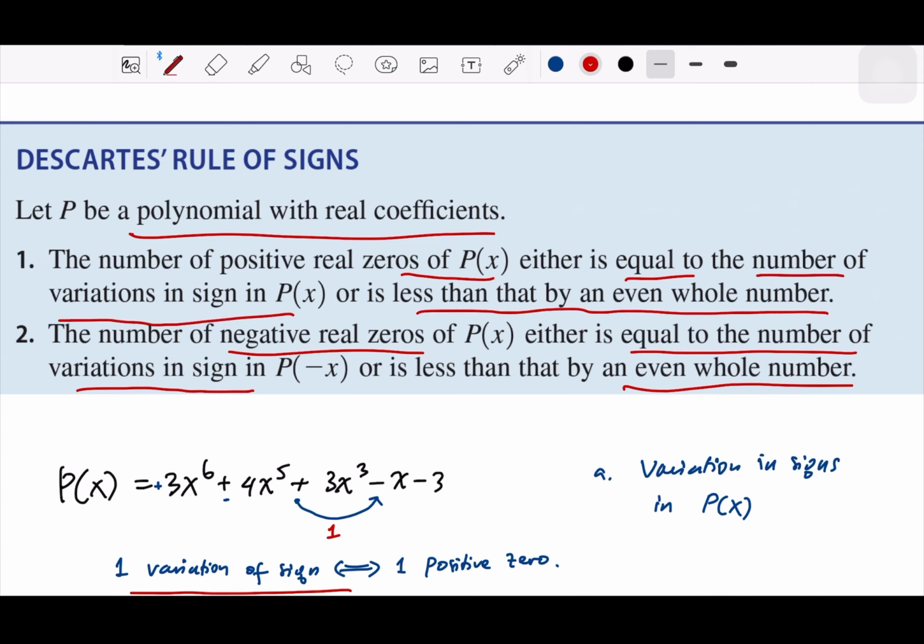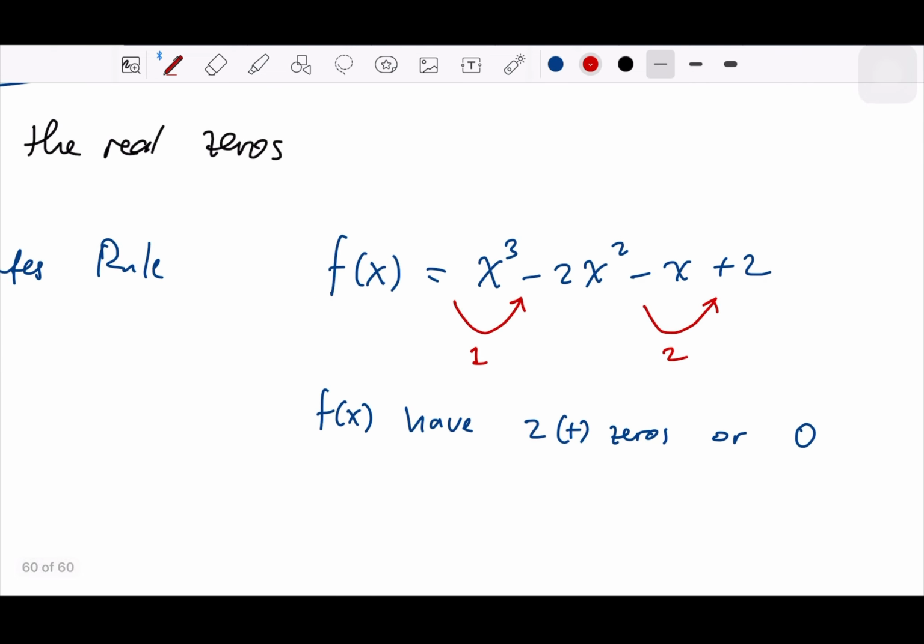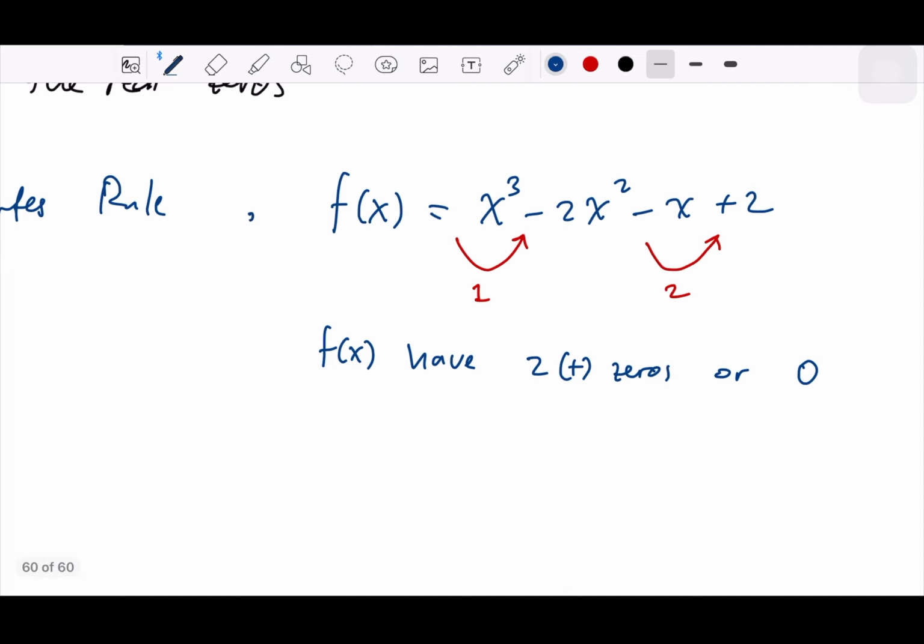So you need to minus 2, minus 2. If you have 4, you need to minus 2, so you can become 2, minus 2 becomes 0. So you have 4 or 2 or 0. That's also the same thing here. It's 2 positive zeros or 0. This is the first one.